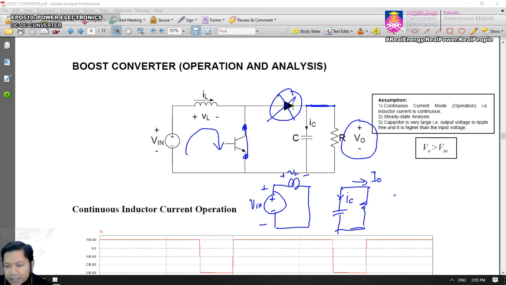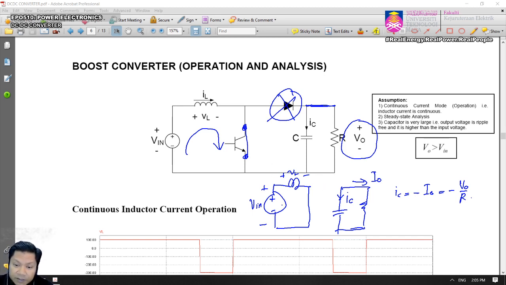And therefore we can see that IC equals to what? Negative I naught, isn't it? IC equals to minus I naught, and we know that I naught is V out divided by R, isn't it? So during turn on, we're going to see that two separate circuits, input side and output.